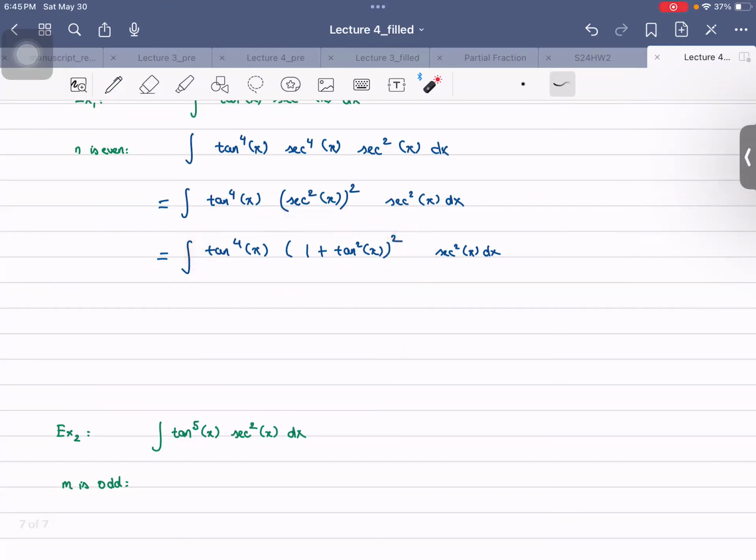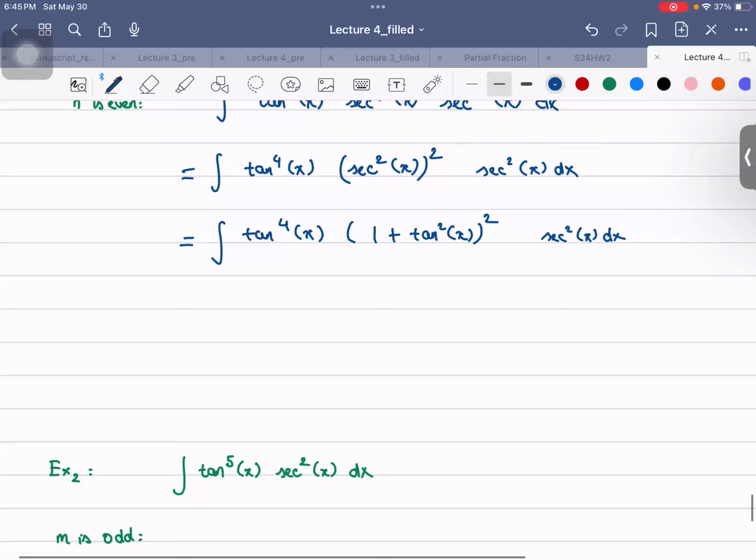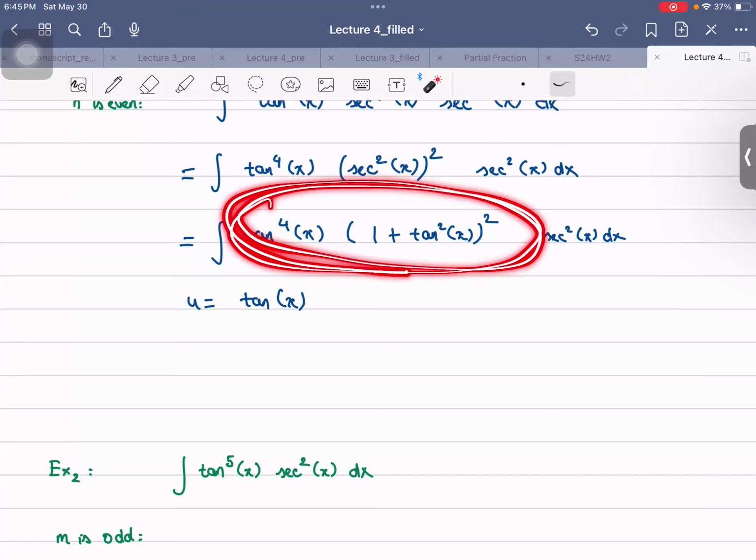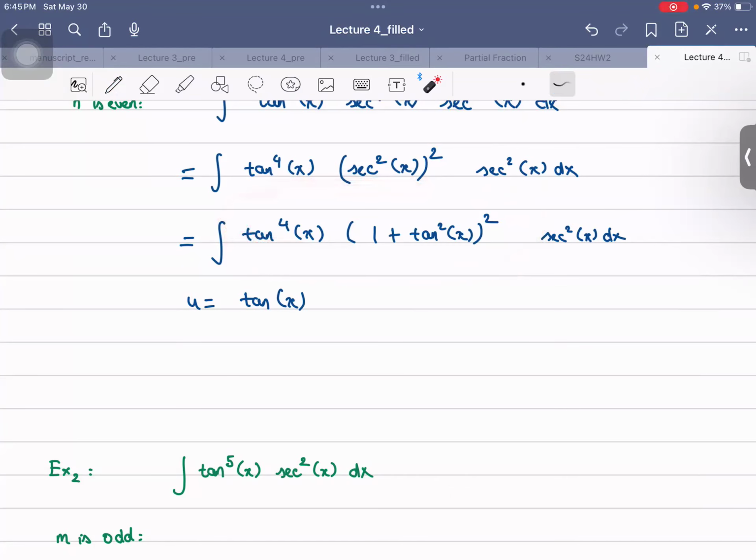You can think of this as a function composition where the inner function is tangent of x, and the secant square of x is the extra thing. So I would set u equal to tangent of x because this is the inner function.